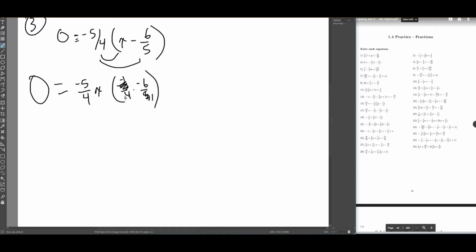Now, if we do the cross multiplication here, minus 5 divided by 5 equals negative 1. 6 and 4 here, they have 2 in common, right? So 4 divided by 2 equals 2, and negative 6 divided by 2 equals negative 3.